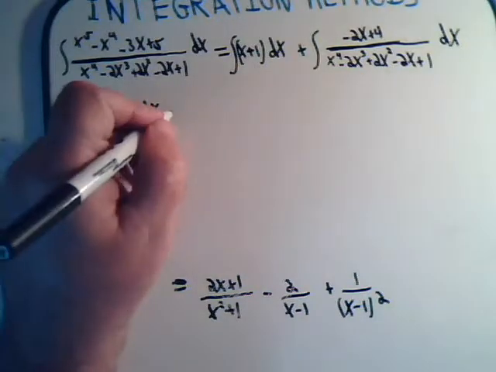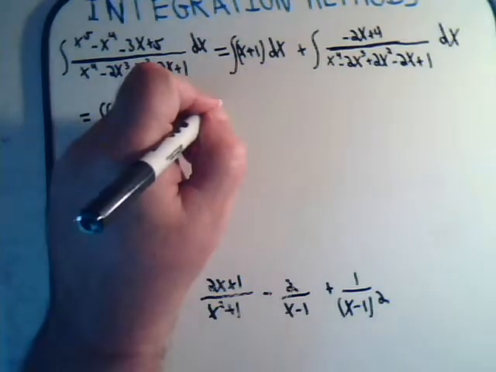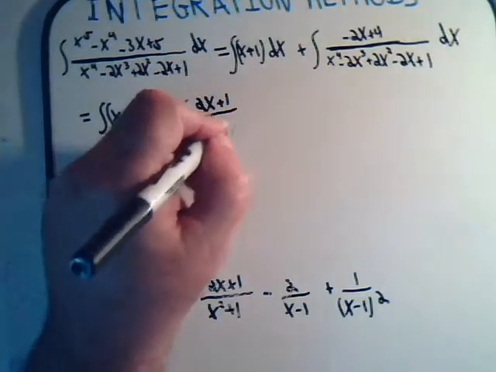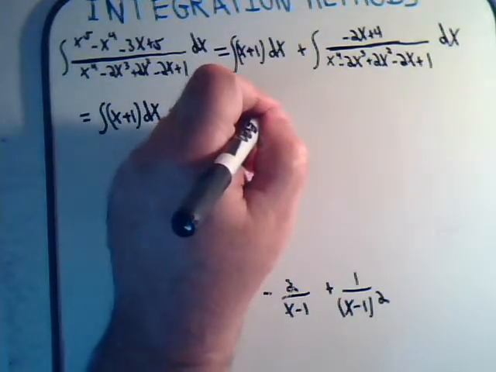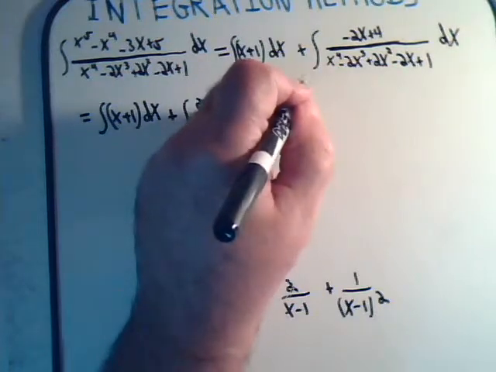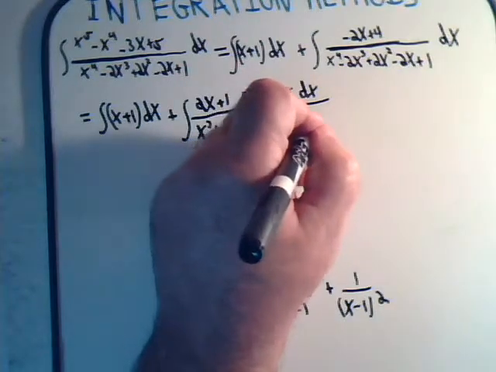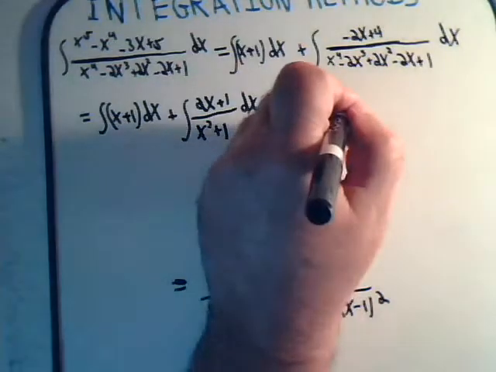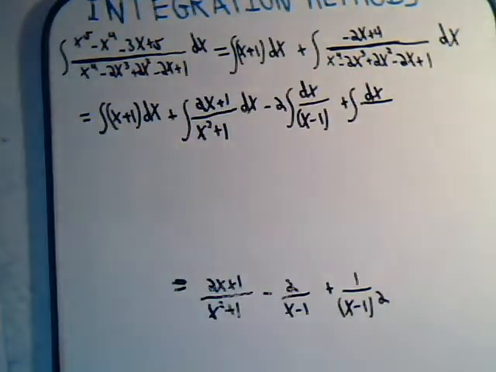So we're going to have plus the integral of 2x plus 1 divided by x squared plus 1 dx, minus 2 the integral of dx divided by x minus 1, and we're going to have plus dx divided by x minus 1 squared.